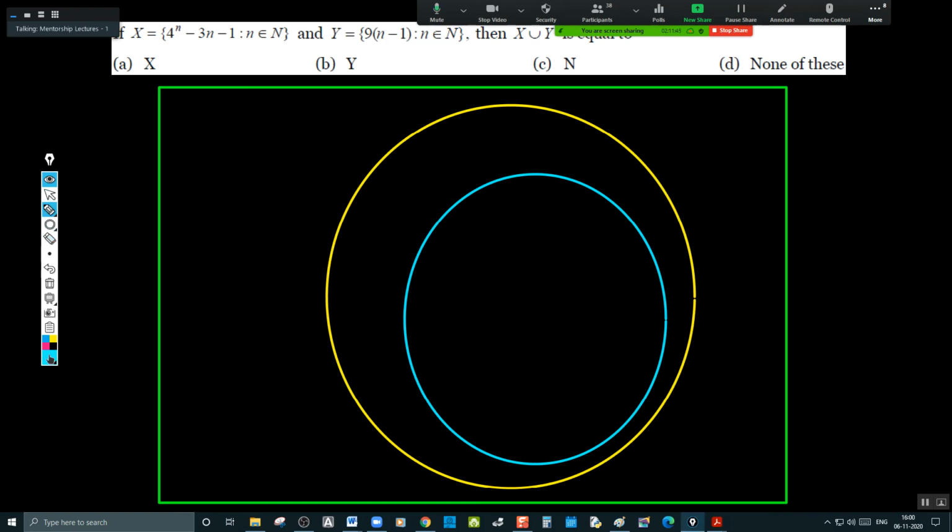Now what I'm saying this as x and this as y. Okay? No, the outside one as y, the inside one as x. Yes, sir. This is y, this is x.